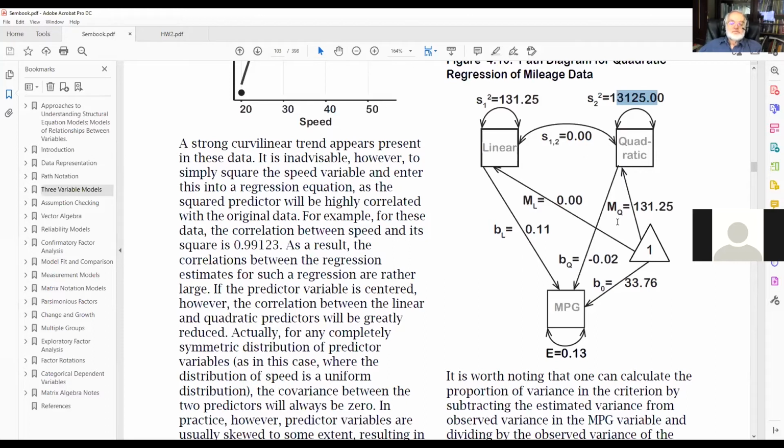So can we make the variance of the quadratic portion 1 and then let the others vary? To speak the language of chapter 3, we can mean center, that is, we can put the linear effect in deviation score form.